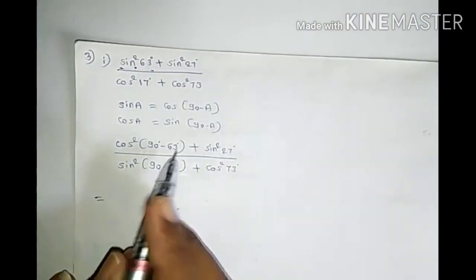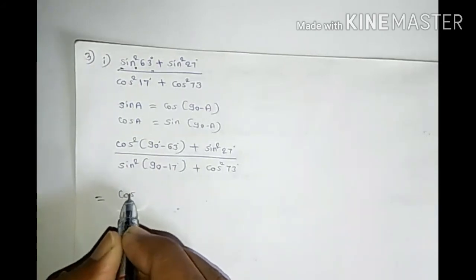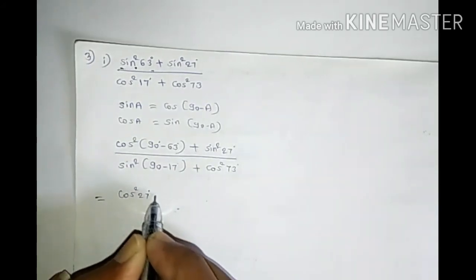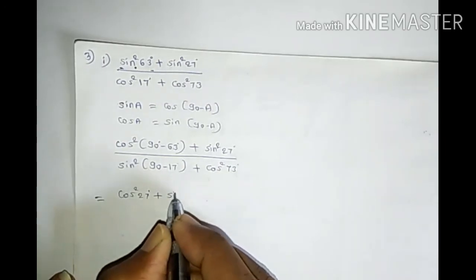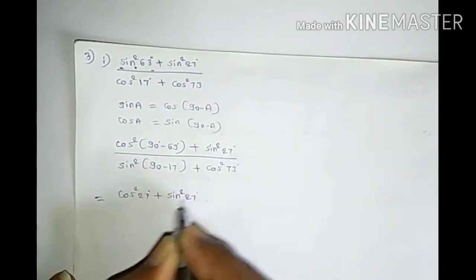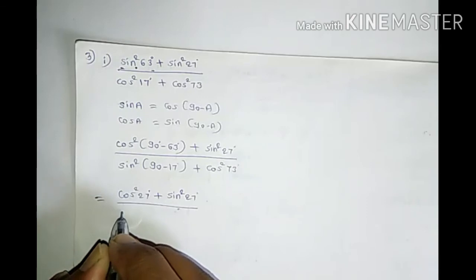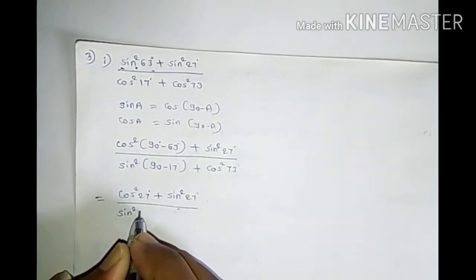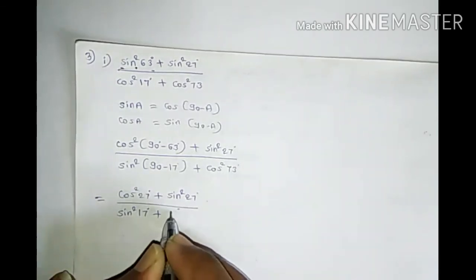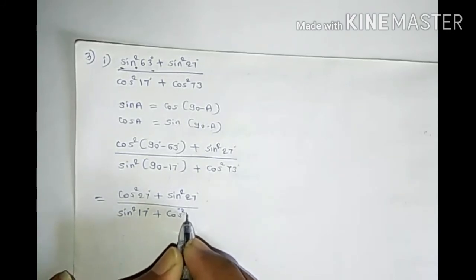When we subtract 90 minus 63, we will get cos square 27 plus sin square 27 divided by, now subtract 90 minus 17, we will get sin square 73 plus cos square 73.